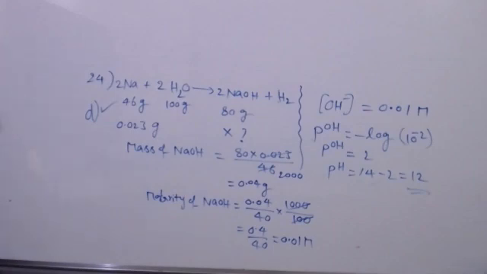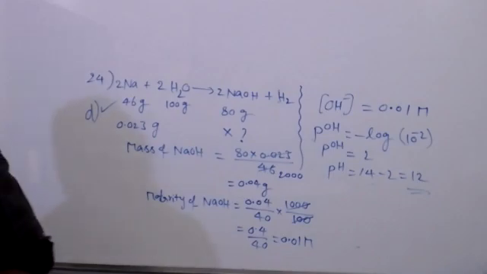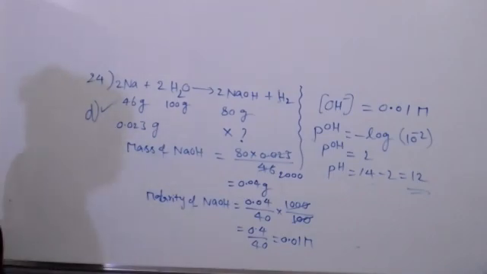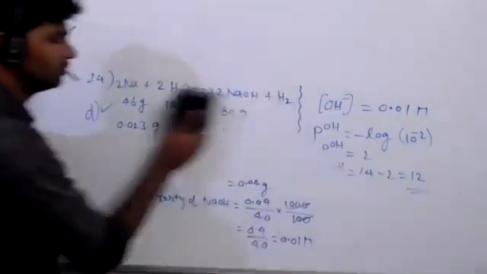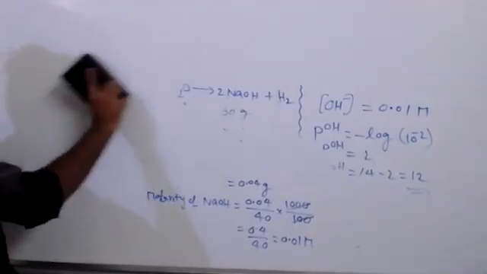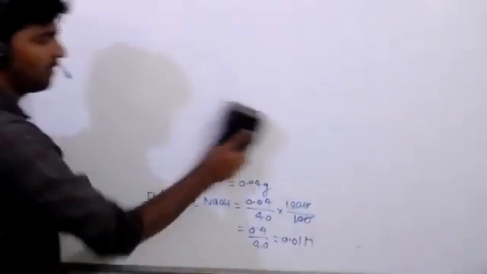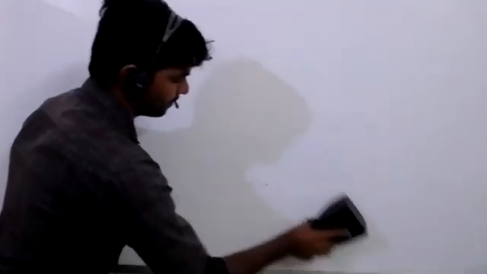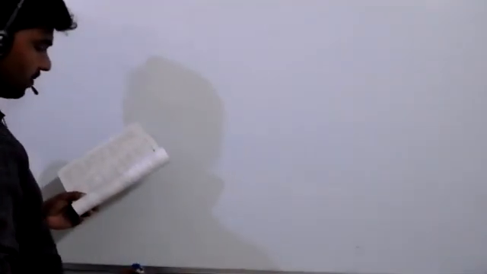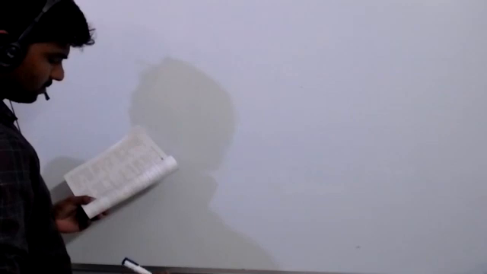So first here, take the acidic buffer solution pH formula. This 0.1 mole of sodium acetate is in 1000 ml.